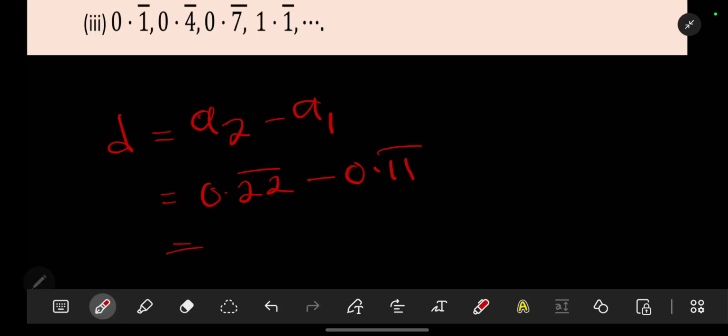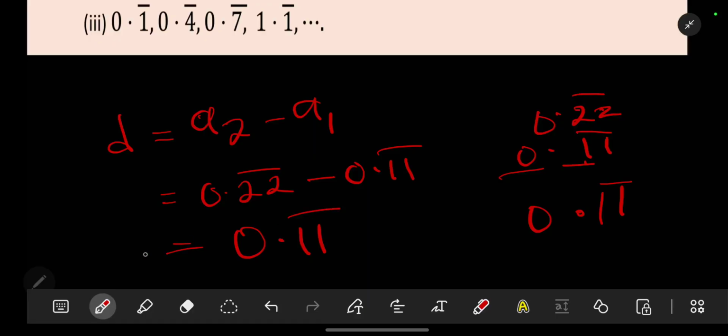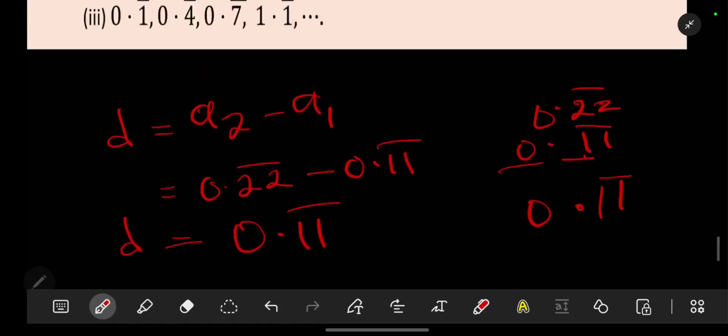So we are going to have 0.22 bar minus our 0.11 bar. This 2 minus 1, just subtracting normally, is 1. Then we have the bar, so we have 0.11 bar. So this is our common difference, like that.